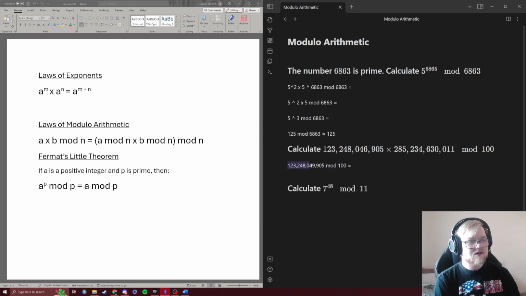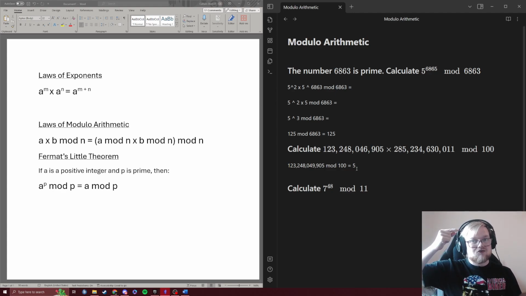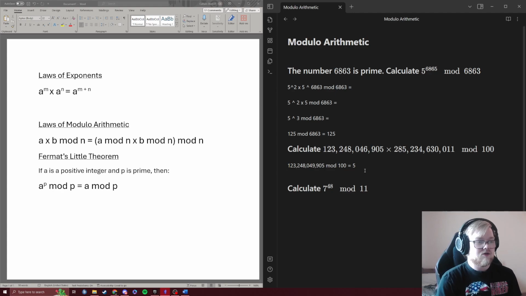So for this number, it's a very big number, and we could try to calculate it and do a long division. But we know that if we divide this by 100, the remainder will be 5. Definitely. Because if you try to divide that long number by 100, the little bit extra remaining in the last two digits is what is left. And we know that is 5.